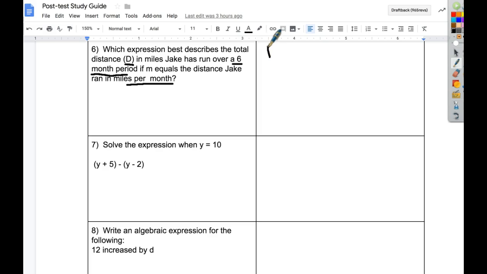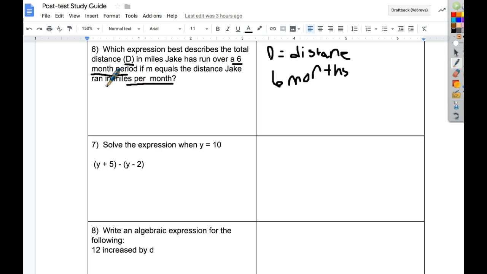And we know D is going to equal distance. Okay, I also have 6 months that he's been running. And I want to know what that distance is over a 6-month period.